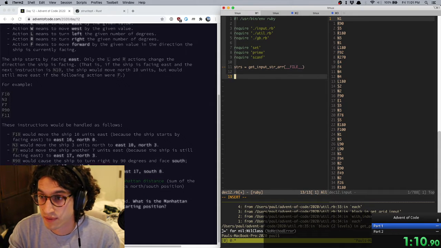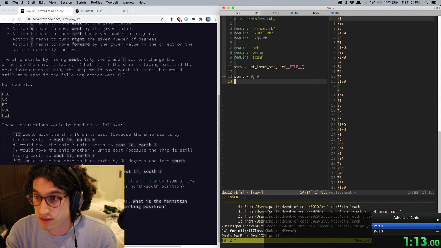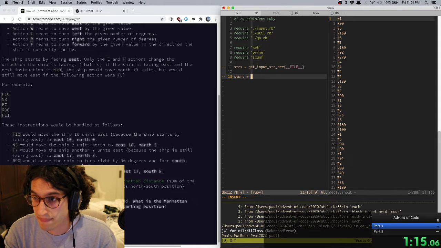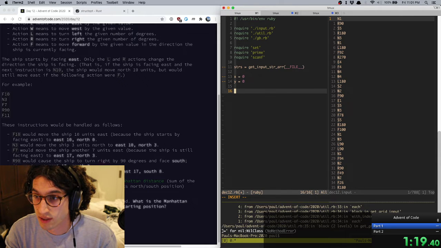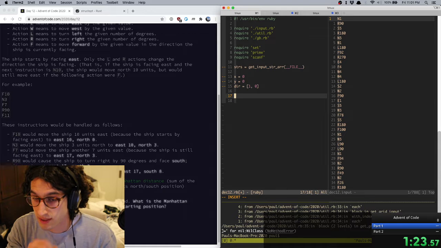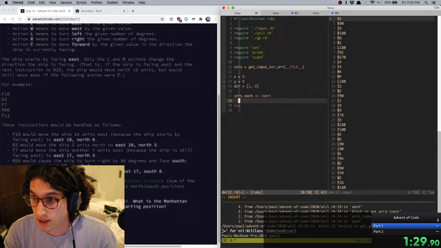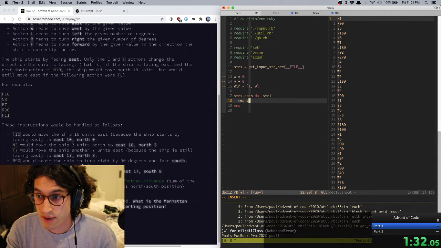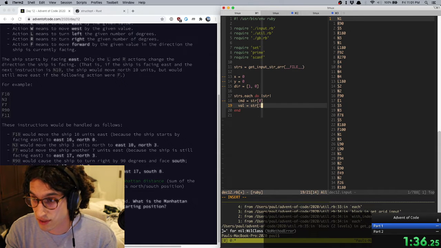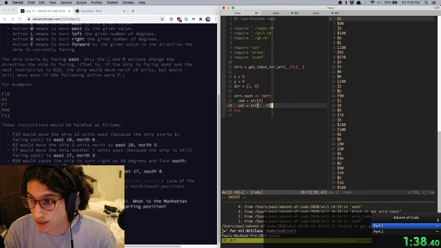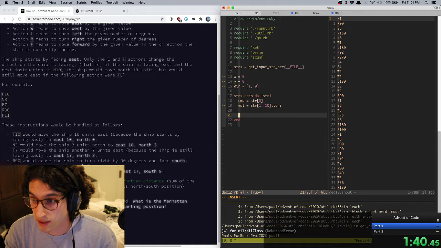Okay, start equals 0, 0. x equals 0, y equals 0. dir equals 1, 0. strs.each do |str|. command equals str[0], val equals str[1..].to_i.